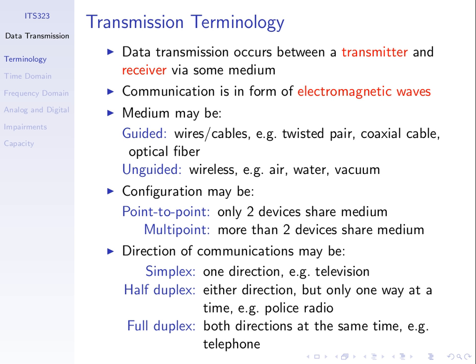We would consider this a full duplex link or a full duplex medium if both can transmit at the same time in either direction. Telephone is an example. You can both talk at the same time.